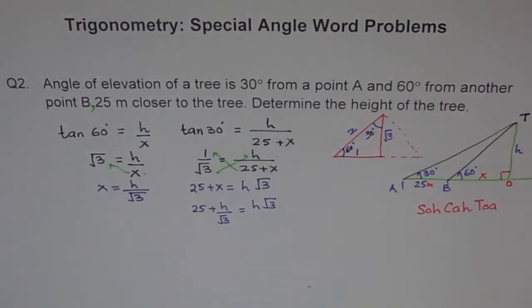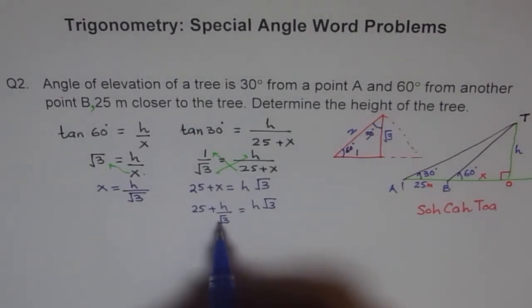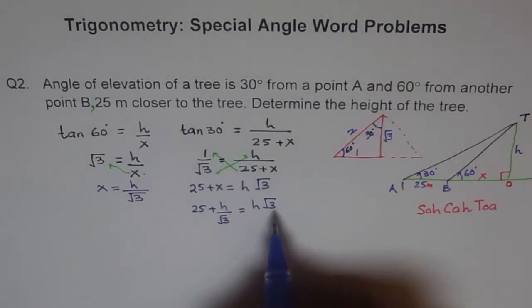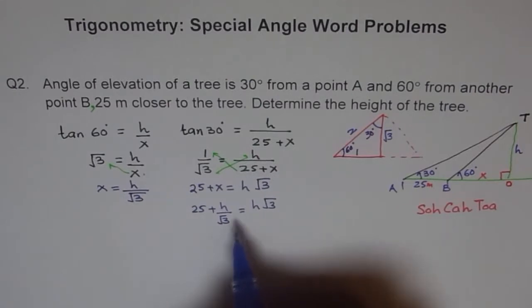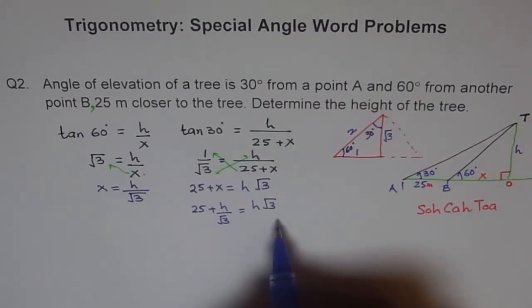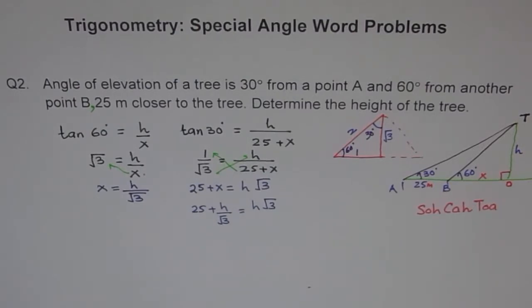Correct? Now at this stage also we can get rid of fraction by multiplying everything with square root 3. Better we get rid of fractions rather than making them common denominator and doing it all the time. So I hope you understand what I'm trying to do. I'm trying to multiply by square root 3 at all the places.